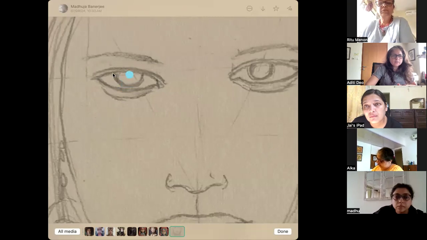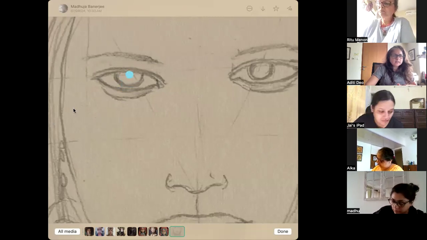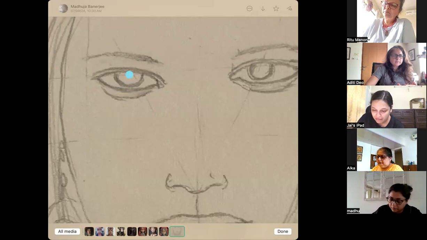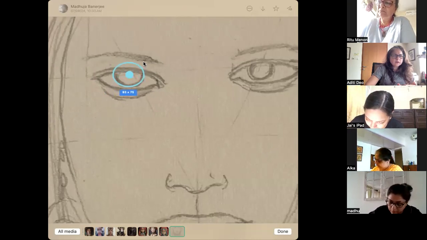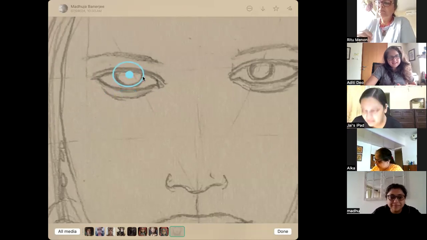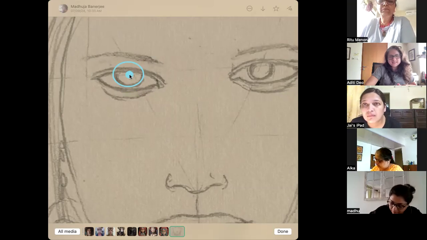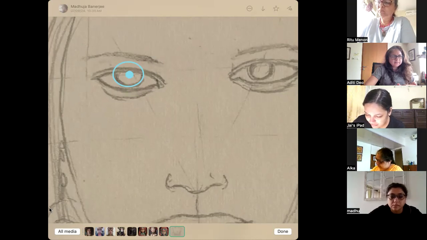So it still needs to be seen as concentric. I'm trying very hard to make a circle. It still needs to be seen as concentric. Okay? All right. Everything else seems to be fine.